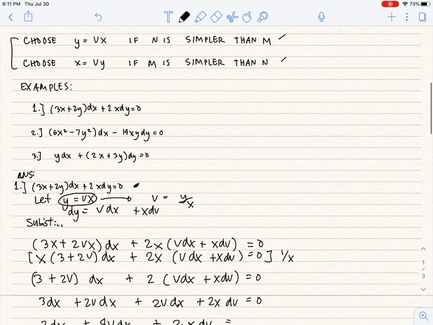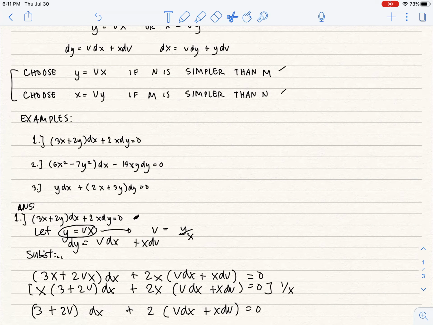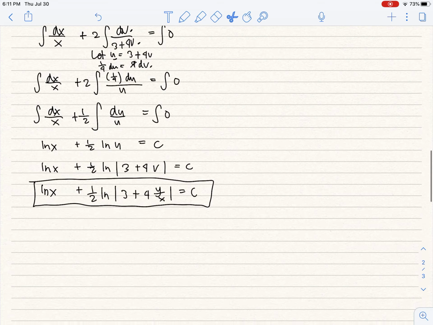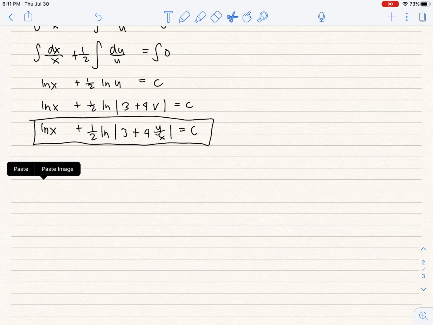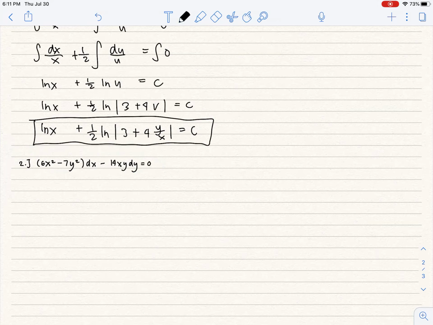So example number 2. Example number 2, we have m equal to 6x squared minus 7y squared.